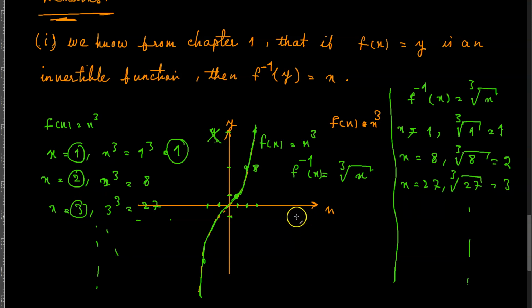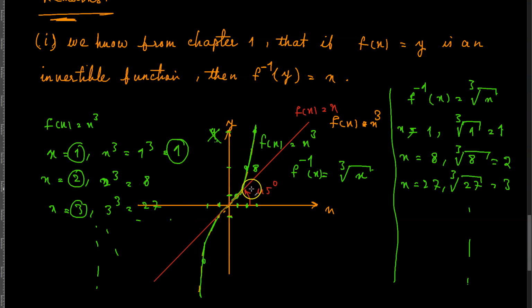Now, it so happens that if you actually do the graph, if you basically draw the line f of x is equal to x, which is a line at an angle of 45 degrees with the positive direction of the x-axis, the inverse of this function happens to be symmetric about this line, right?